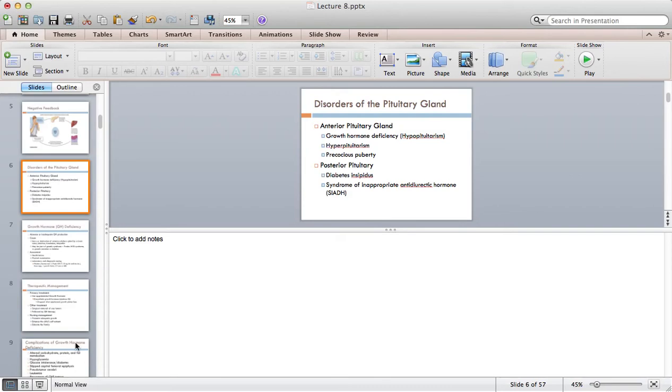The anterior one would produce the growth hormone, and deficiency of that growth hormone we will call hypopituitarism. It could be hypersecretion, or we could have precocious puberty when the child will develop earlier than usual.